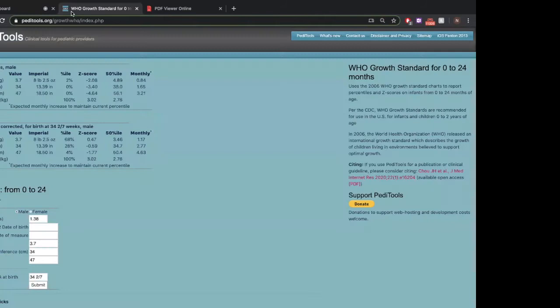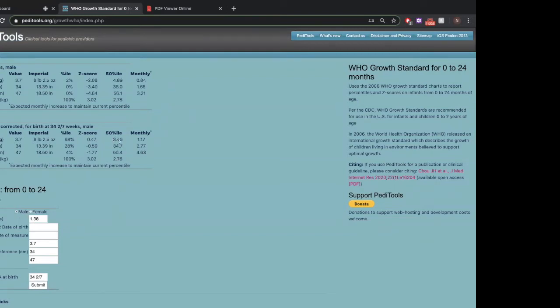And while we're here, we can also go ahead and jot down the weight for length, and he is in the 100th percentile with a z-score of 3.02. That column that says the 50th percentile, that would be where they would need to be to grow on the 50th percentile. And the monthly is what they would need to gain each month to be at that percentile.